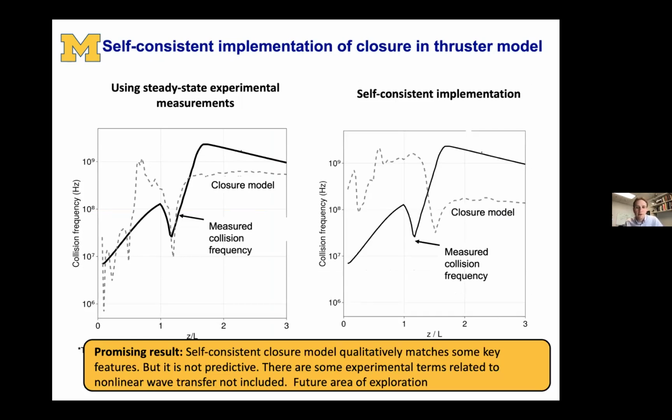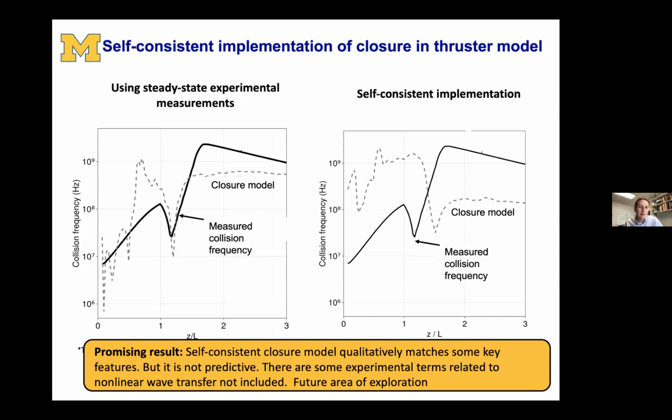So black is the experimentally measured collision frequency transport profile, and then the dashed curves represent the self-consistent result when we implement that closure model. And the takeaway is that it doesn't get the physics right. The transport profile is displaced downstream, and the magnitude is not nearly high enough, but it is getting some qualitatively correct features, most notably the fact that it exhibits a minimum.